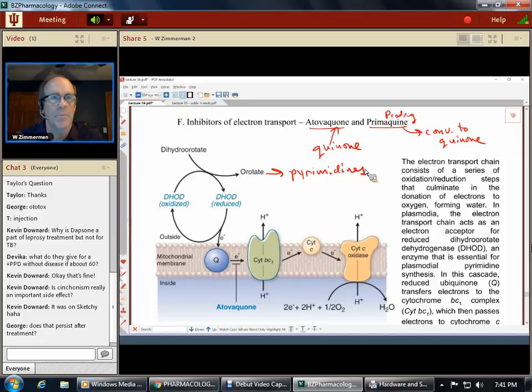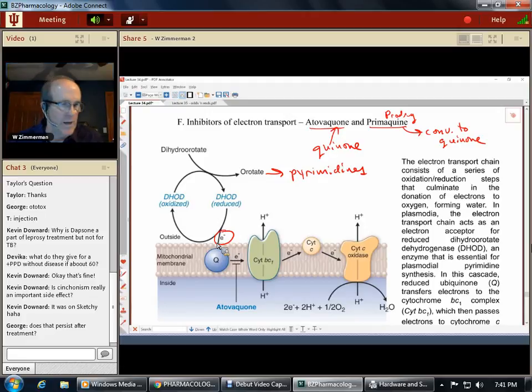So it picks up electrons, and those electrons have to go to the electron transport chain. And when that happens, this dehydrogenase oxidizes, and then it can go back and convert the dihydroorotate back to the orotate again and continue pyrimidine function. So we need this cycle to be going.